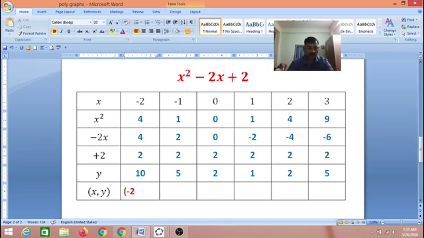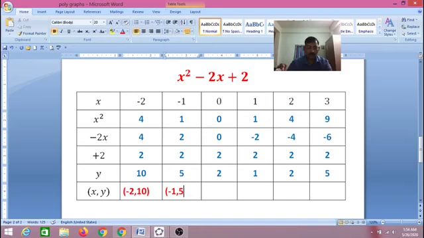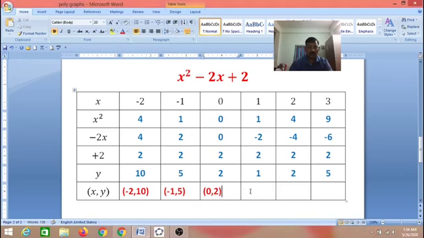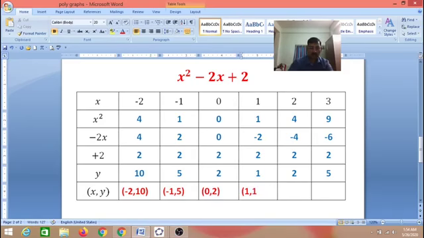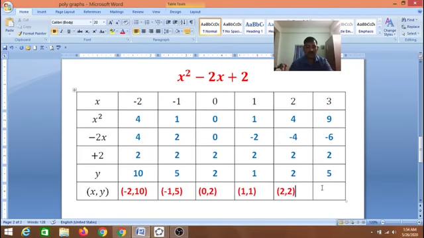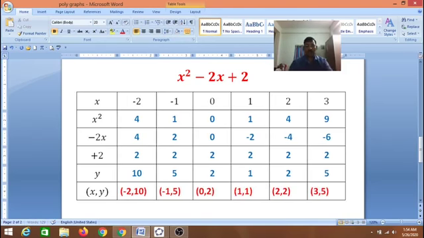Minus 2 comma 10, then minus 1 comma 5, then 0 comma 2, then 1 comma 1, then 2 comma 2, then 3 comma 5. Again you can see one kind of symmetry here about that specific value.